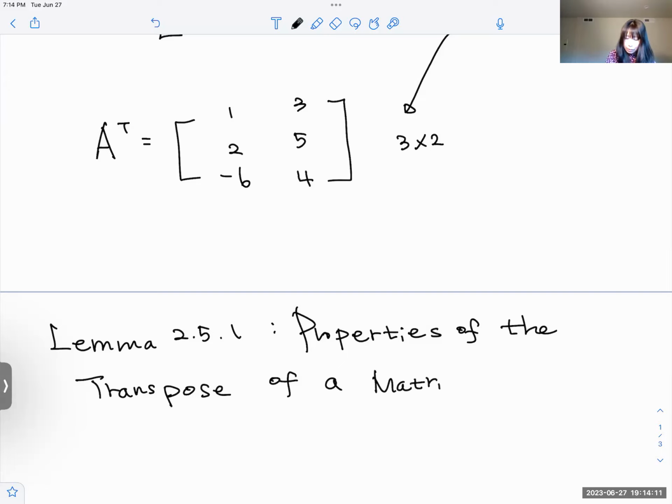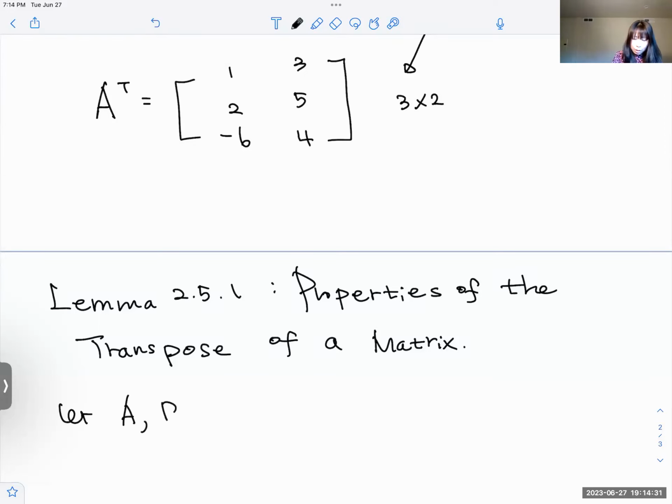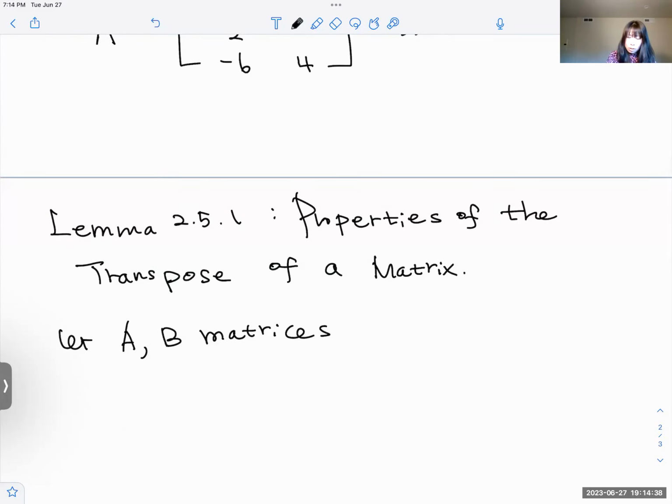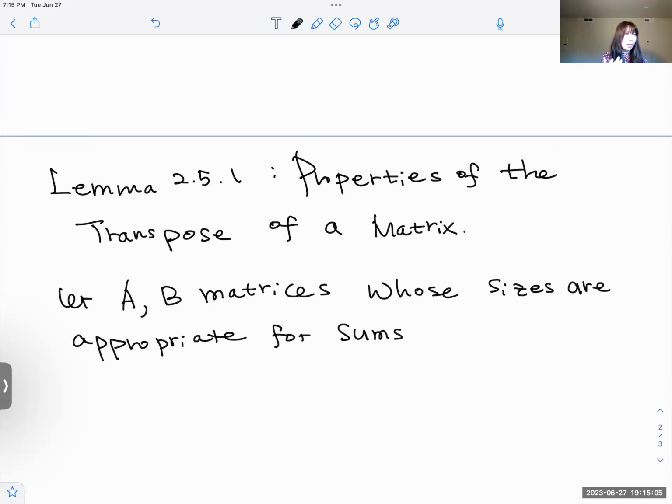Let A and B be matrices whose sizes are appropriate for sums, so we have to have the same size when we add.